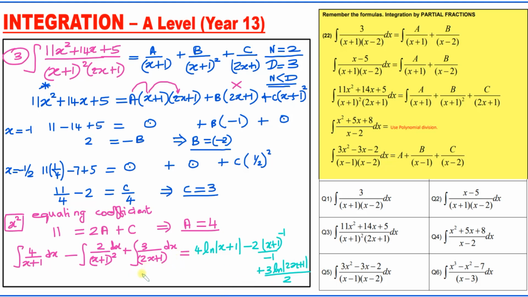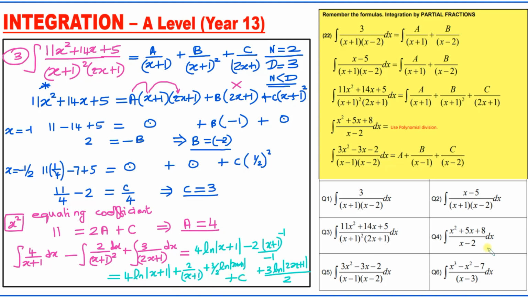That is the answer. So you can write the final answer as, you can leave that 4 ln x plus 1, and now here you got minus and minus cancel, so 2 over x plus 1 and then plus 3 over 2 ln 2x plus 1 plus c.